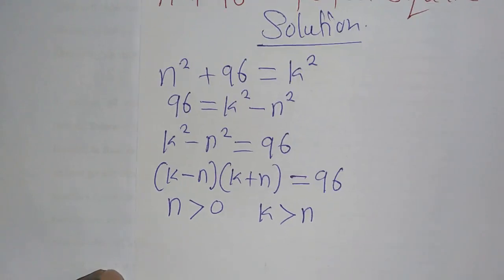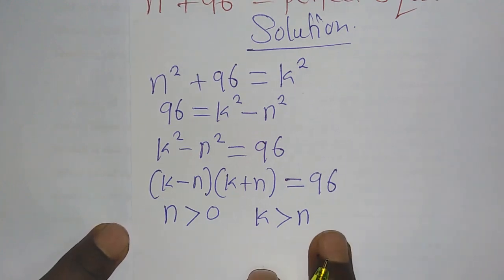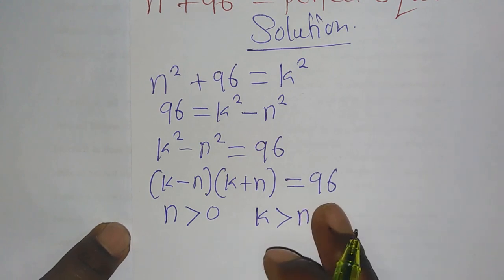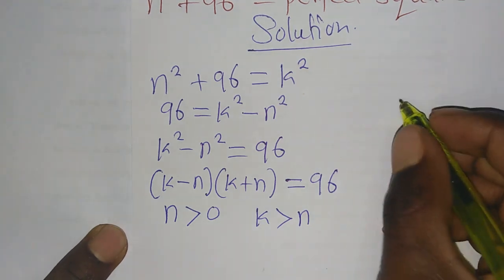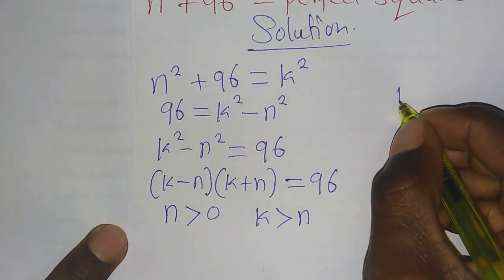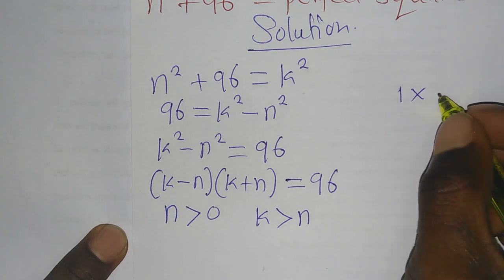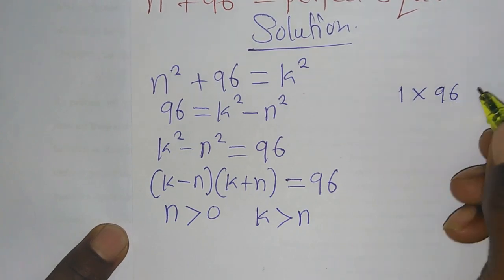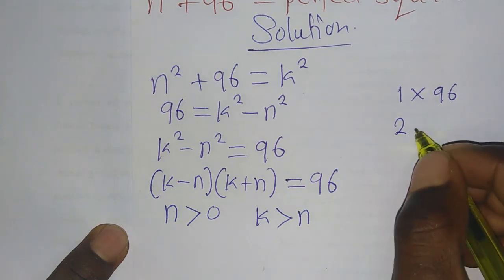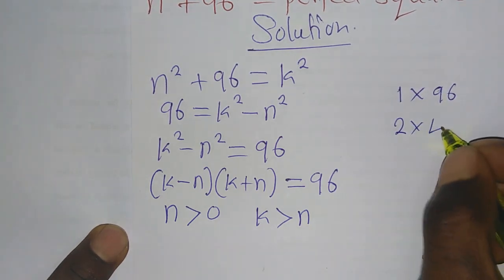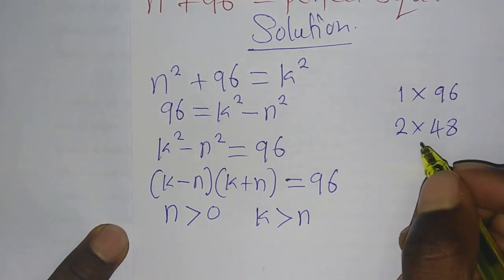Now, for us to get the value of k and n, we need two factors of 96. And the factors are, we have 1 multiplied by 96 itself. We have 2 multiplied by 48.